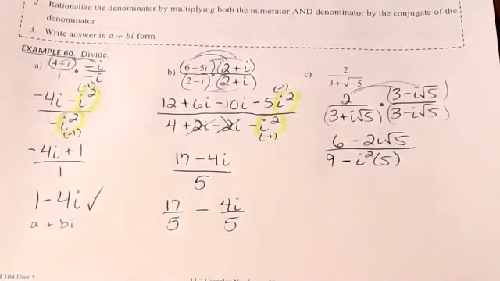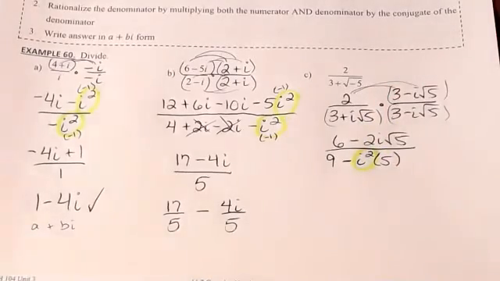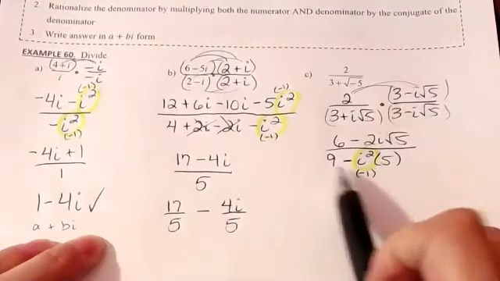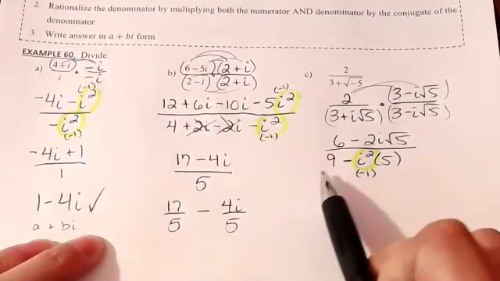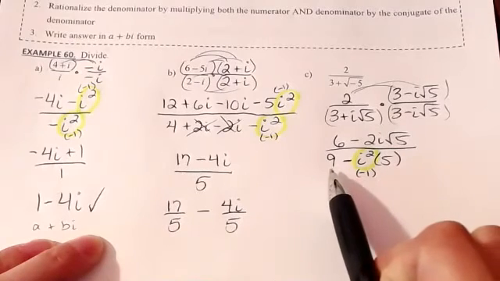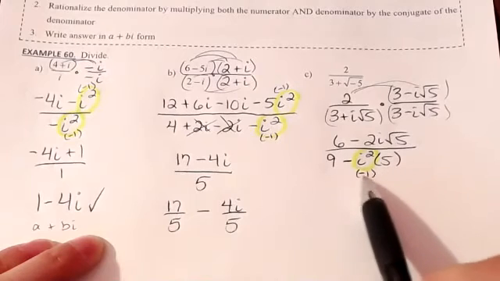We know that i squared is -1. So what does my denominator become when we do all the math? Negative. Wait, no. Would be 8. Well, what does this become?